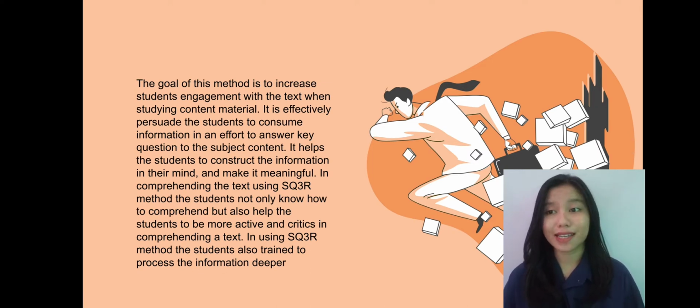In comprehending the text using the SQ3R method, the students not only know how to comprehend, but are also helped to be more active and critical in comprehending a text. In using the SQ3R method, the students are also trained to process the information more deeply.